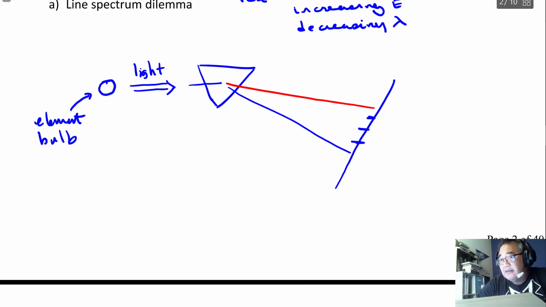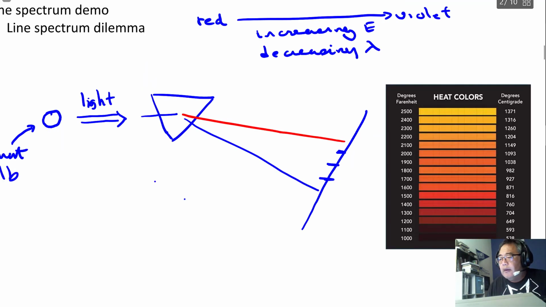Now, not everything does this. In one of the labs earlier, I showed you an image that looked like this. What this color spectrum is generated from is they take a piece of iron, or a particular type of steel in this case, and you heat it, and as it gets hot, it begins to glow different colors, and you can relate the colors to the temperature.